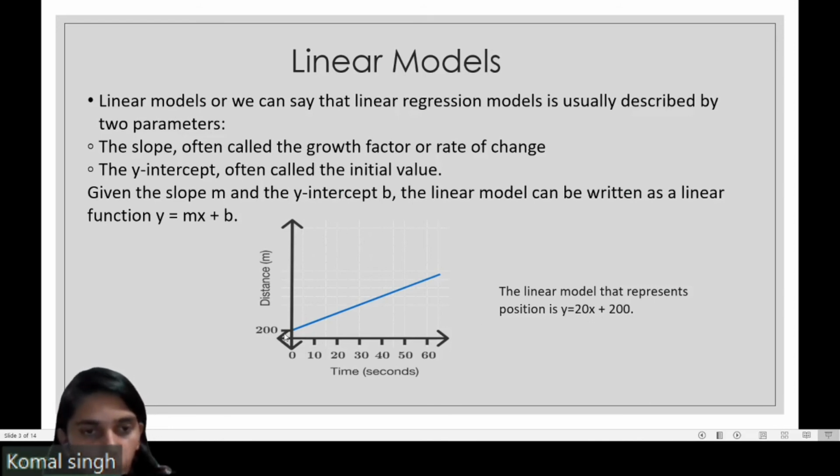Then what is our initial intercept? That is 200. So for finding the position of the car, I have taken the example of a car, but you can take another one also. For finding the position of the car at any point on this slope, we can use this formula. So it is very easy to find.